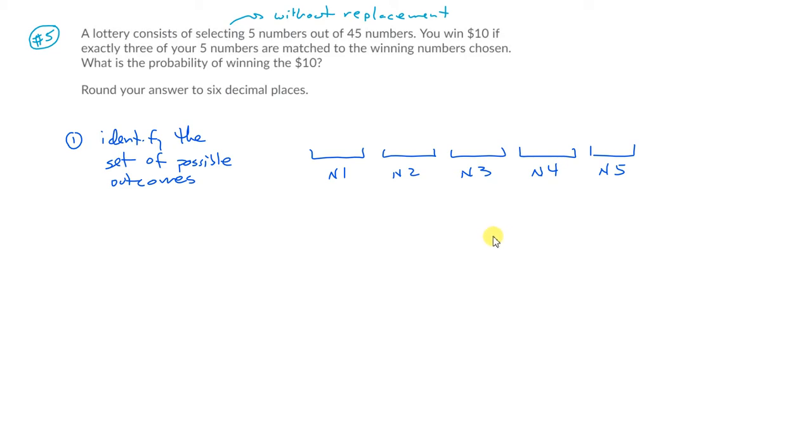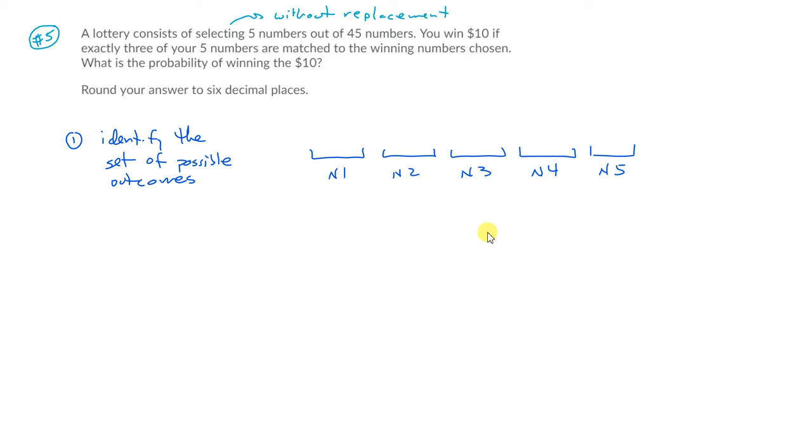Also, what do they want to happen? They want 3 of the 5 numbers to be winners, to match the winning numbers. This is kind of a weird lottery, because when you pick 5 numbers, if 3 of your numbers match the winning numbers, you win.